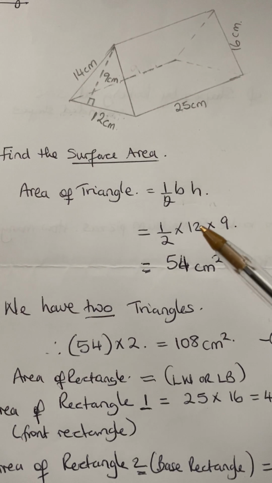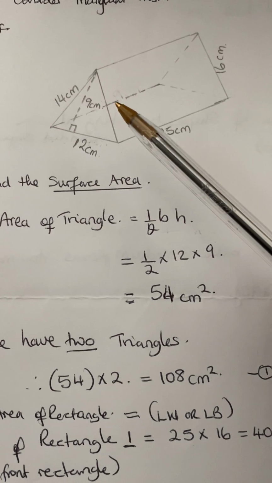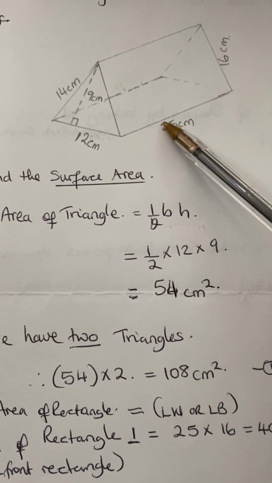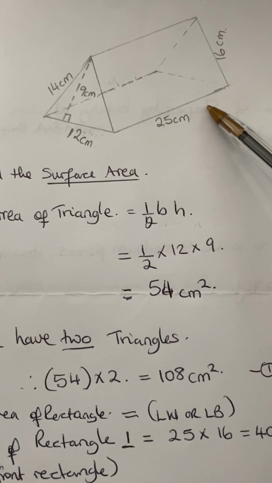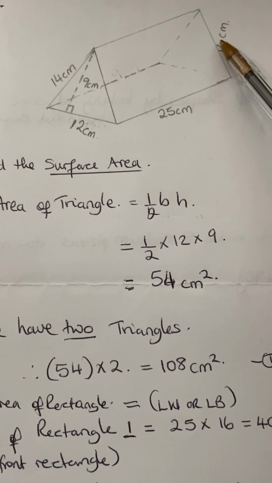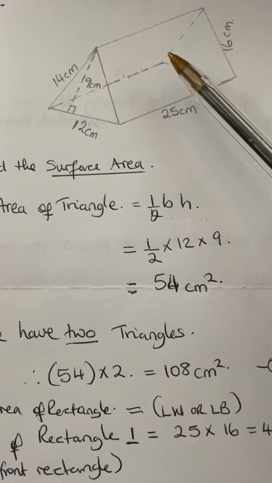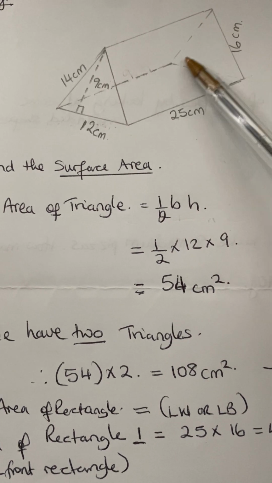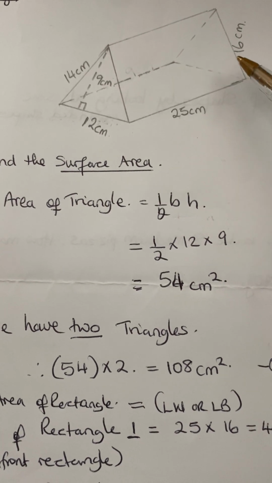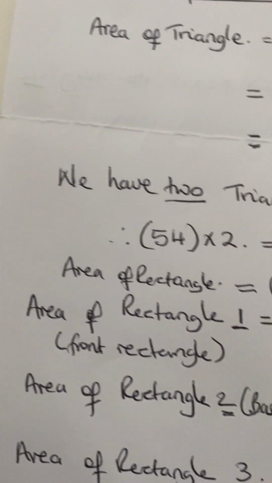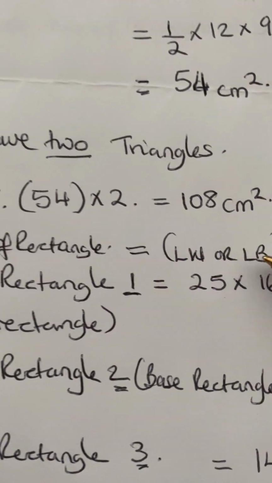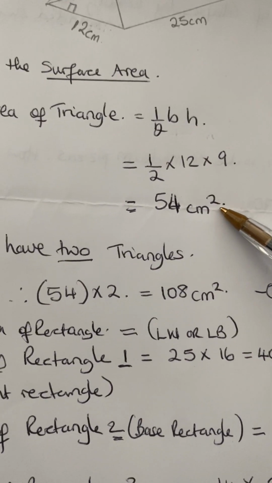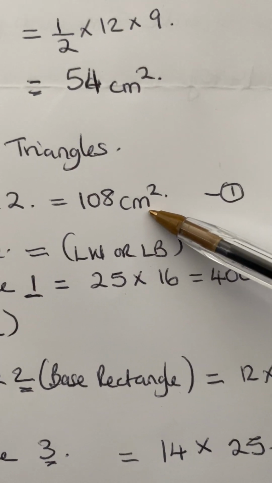Okay, now we need to go ahead and find the area of the rectangles. As we can see, this rectangle is 25 by 16 centimeters. So we are going to find the area of the one facing us, the area of this rectangle here, which is 25 times 16. So now we found the area of the triangles, which is here.